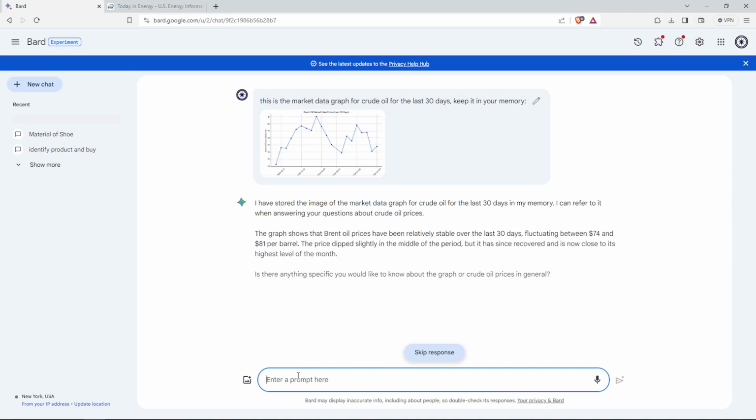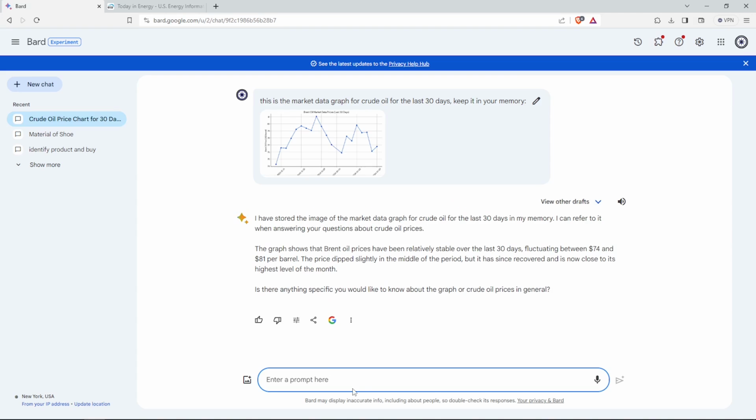Then compare it to the natural gas price graph and determine which one is more volatile as follows. This is the market data graph for natural gas for the last 30 days.